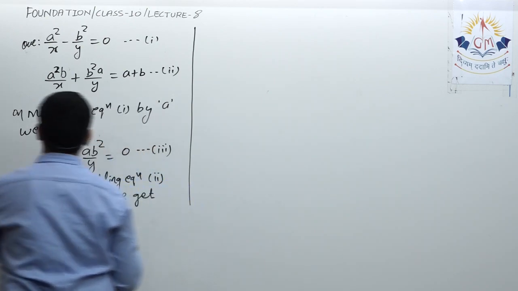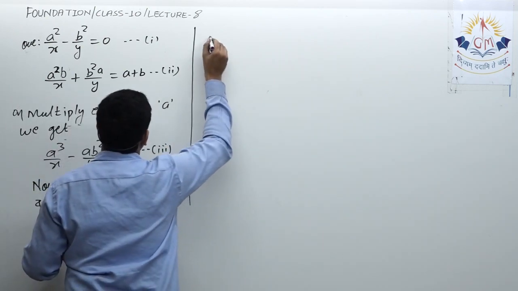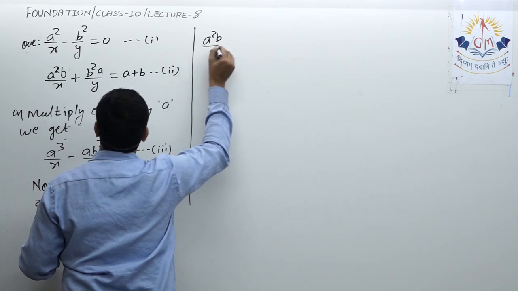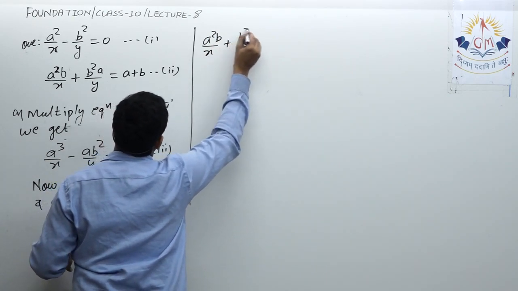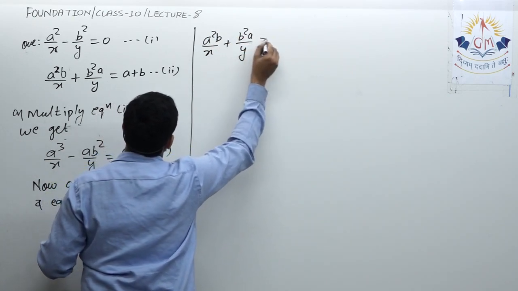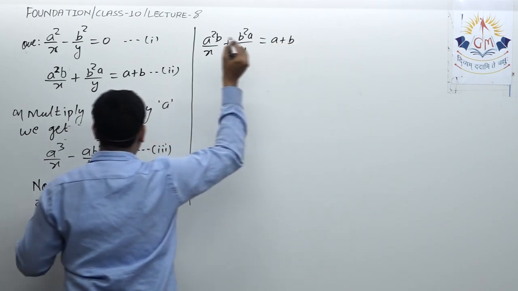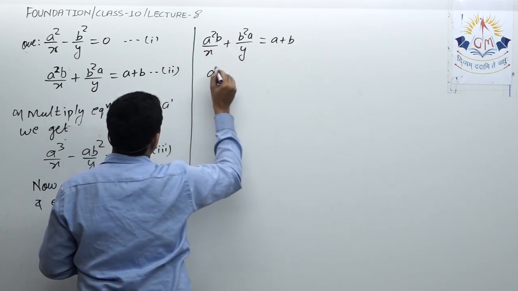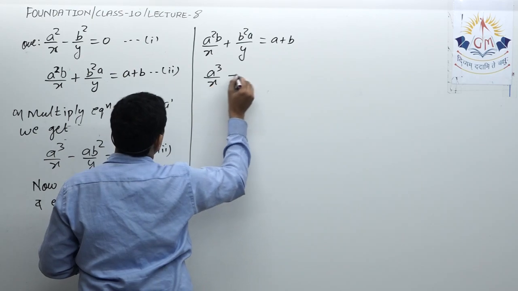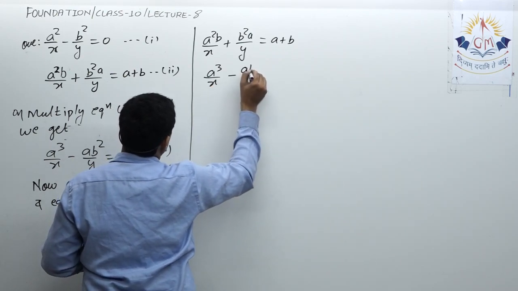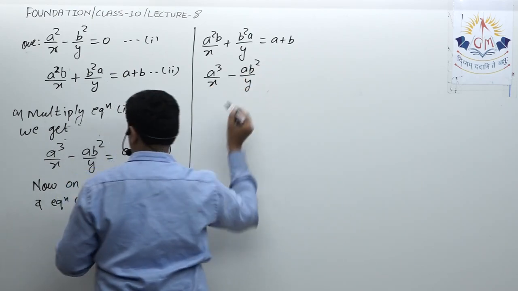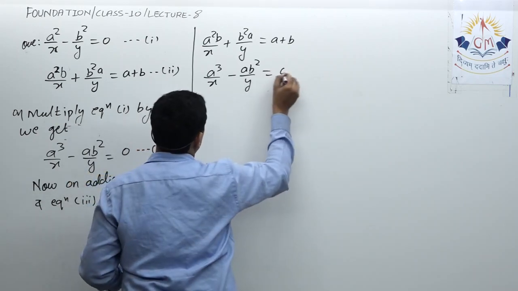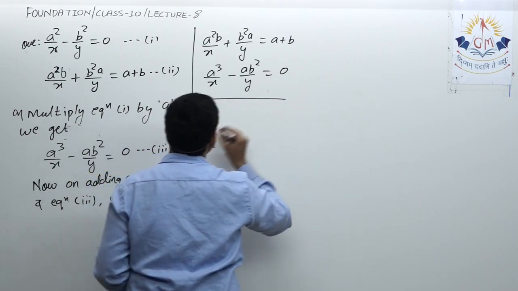Equation 2 is a square b upon x plus b square a upon y is equal to a plus b, and equation 3 is a cube upon x minus ab square upon y is equal to 0. Now I have to add these two equations.